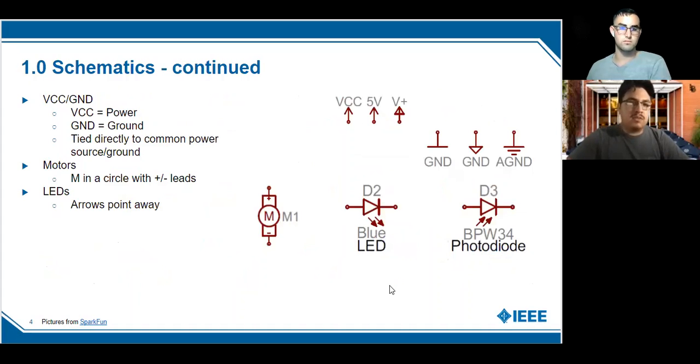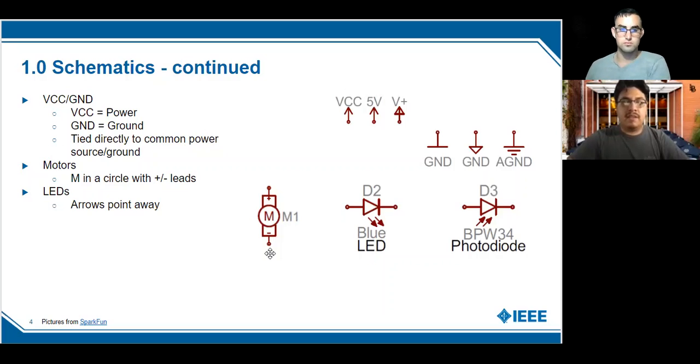And to continue on schematics, some of the other stuff that we'll be seeing is VCC and ground, which is basically just your power and ground. And they're both tied directly to a common power source and a common ground. And then we also have stuff for motors. Motors can be signified as an M in a circle with positive and negative leads.